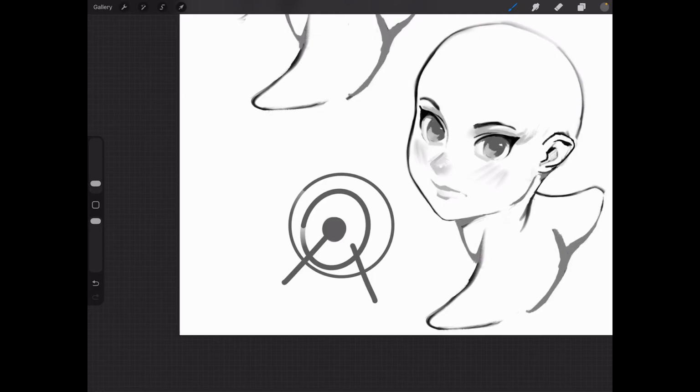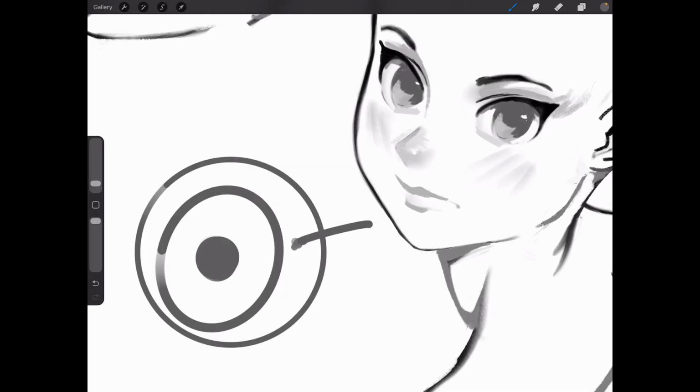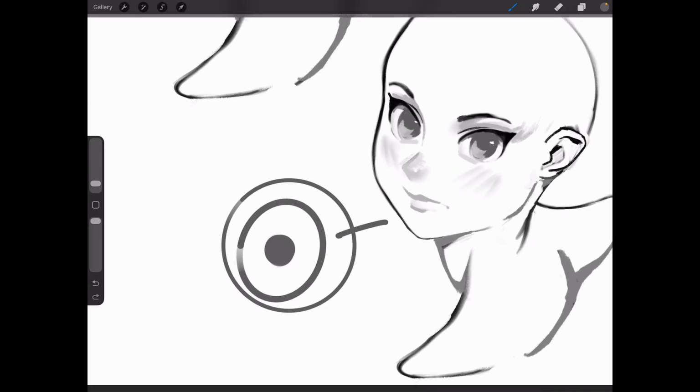I am explaining all this because when the light enters, it enters on the sphere first. As you can see here, let me do the same eye or close to the same eye again to make it a bit more apparent.